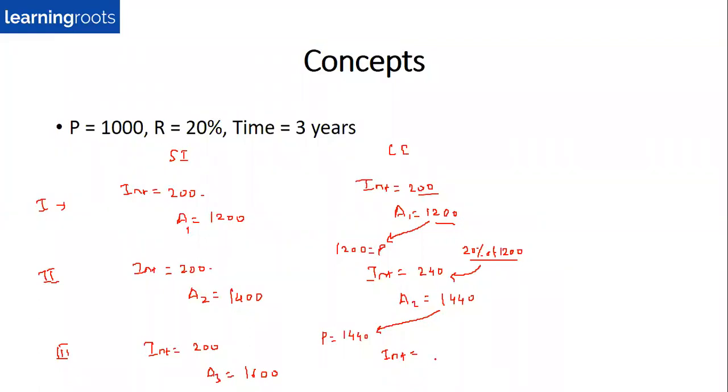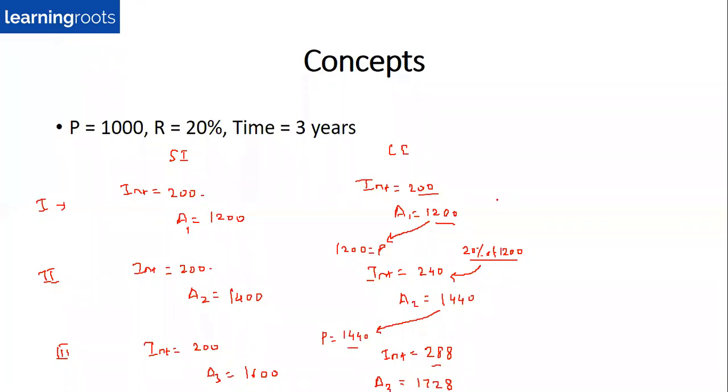And that will be 144 into 2, which is nothing but 288. So this will be the interest for the third year, and the amount at the end of 3 years is going to be the summation of this and this, which comes to 1728.